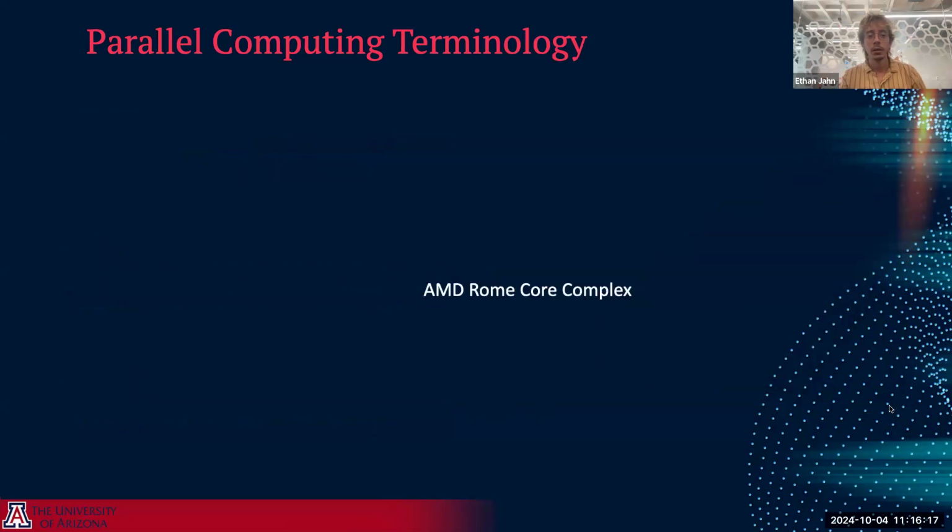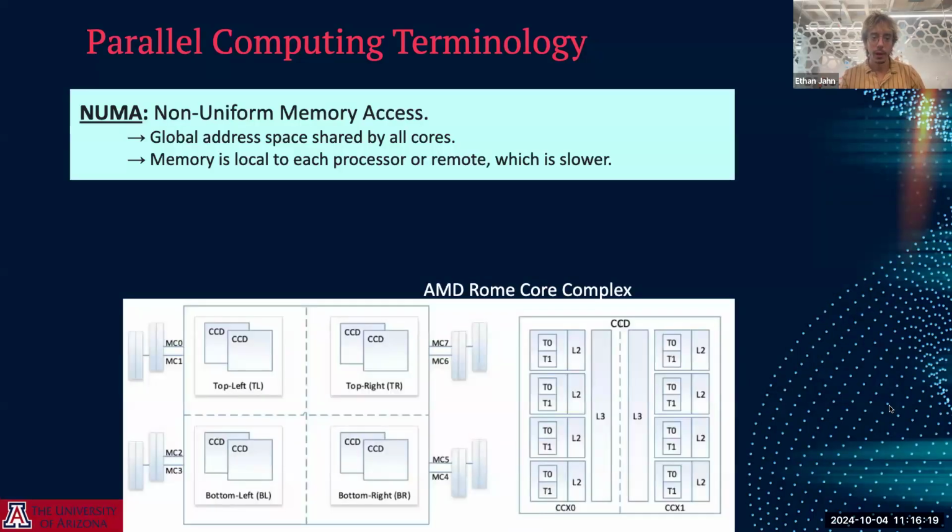Okay. So moving on to some more pieces of terminology here. So NUMA refers to non-uniform memory access, and this is a particular type of architecture that you might see on a core. So it means that a global address space is shared by all cores, and memory is local to each processor, typically speaking.